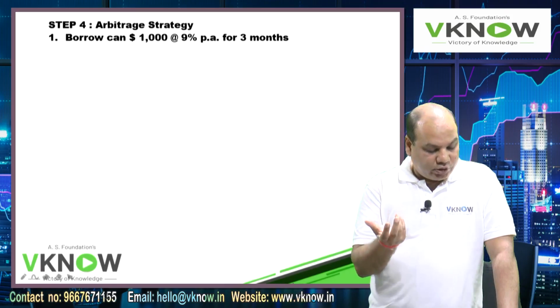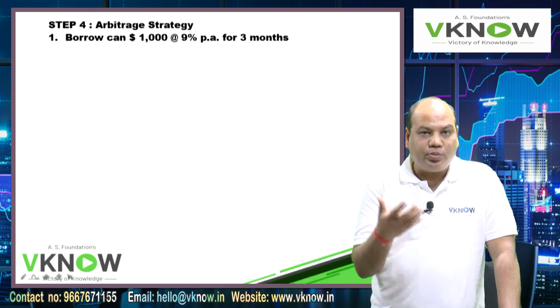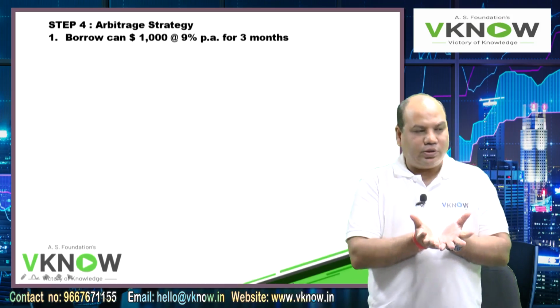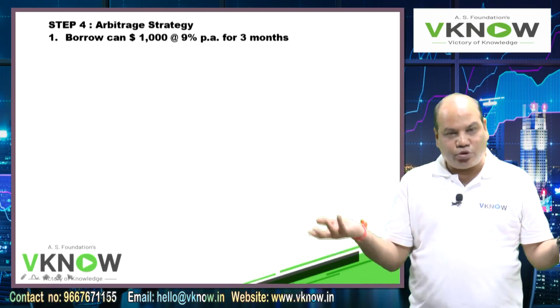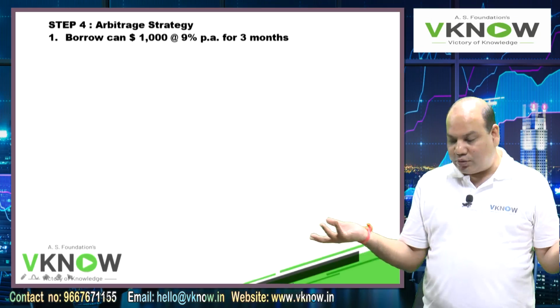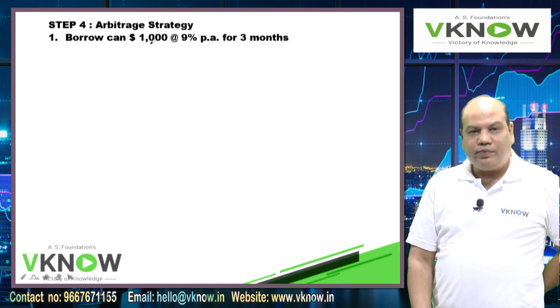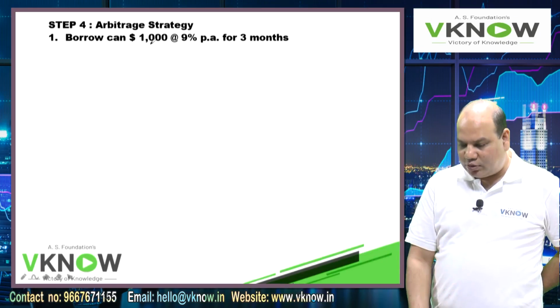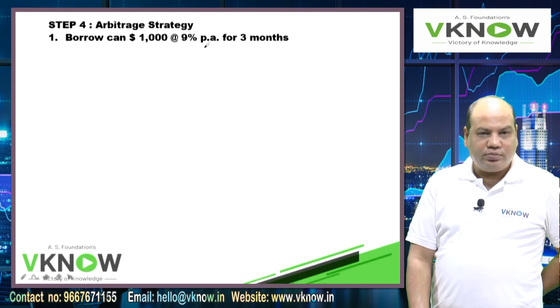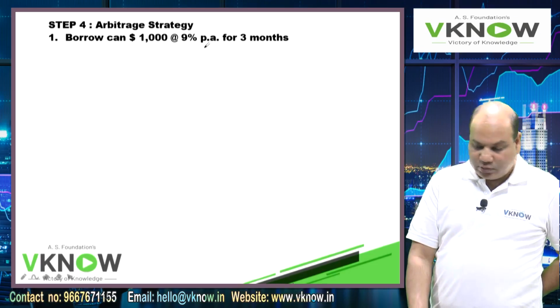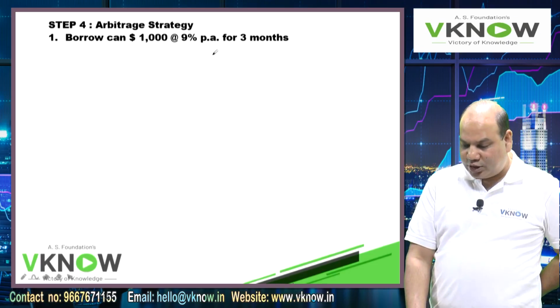Now where is 1000 in the question? It's not there. We are assuming that you will borrow 1000. Sir, can I take 500? Most welcome. Can I take 2 lakh? Most welcome. So take any number. I have taken 1000. You can take 1 lakh also. At 9% per annum. Canada is offering you an interest rate of 9% in actuality. So take 9% for 3 months.